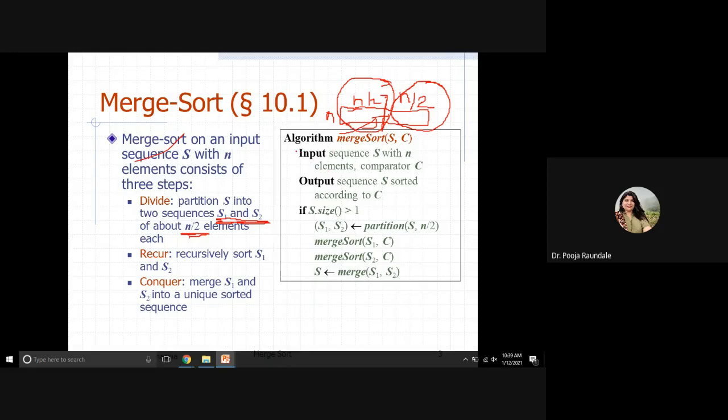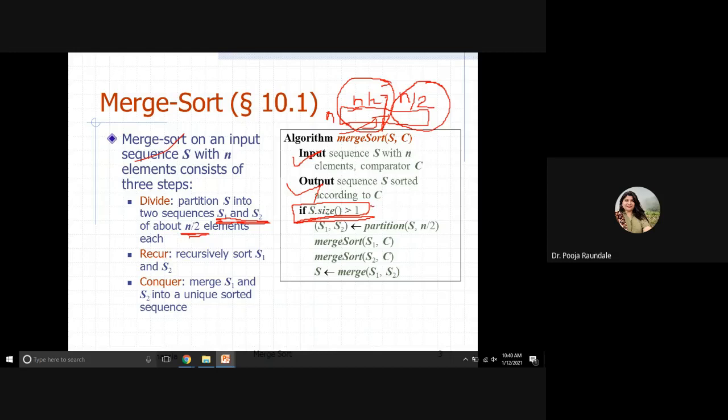So look at the algorithm. As we said, there are three steps. Whenever we are using any recursive method, in your implementation you have to write the stopping condition. There has to be a stopping condition first whenever we are using recursion.